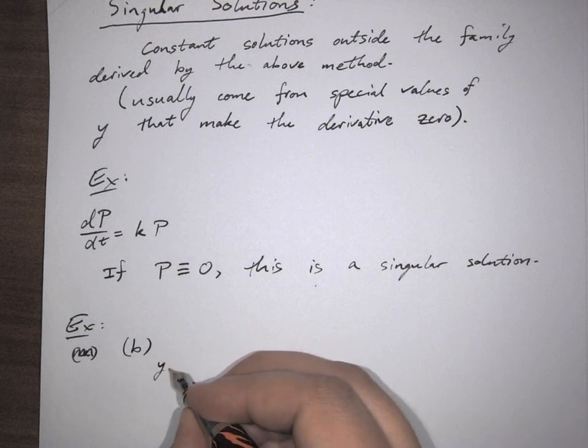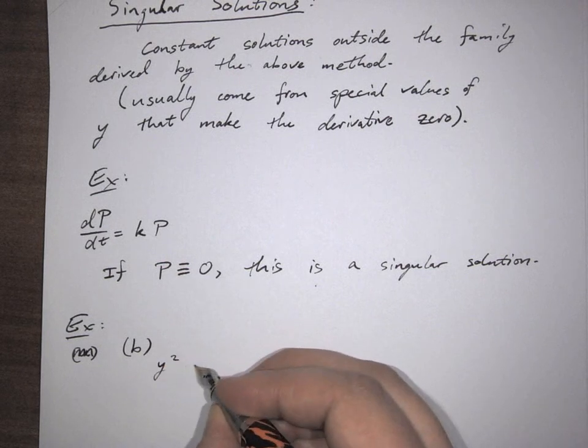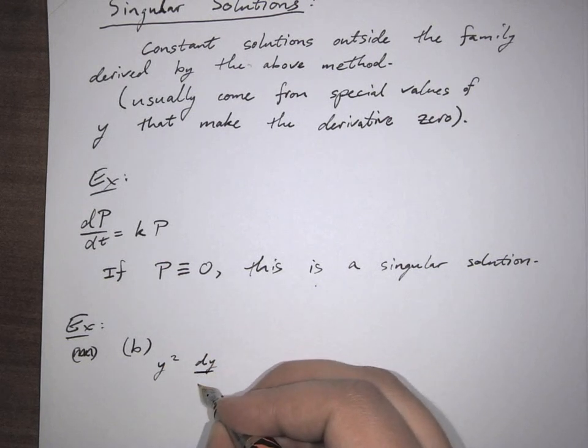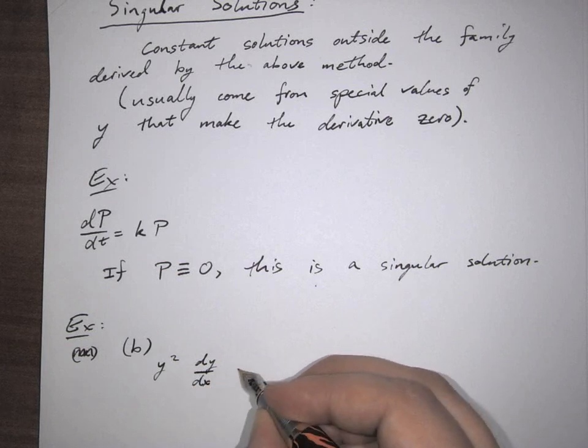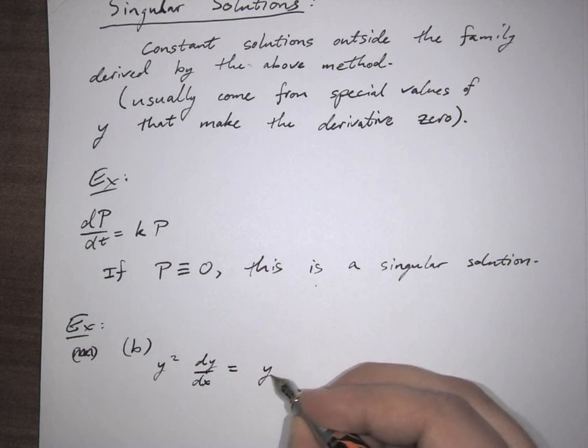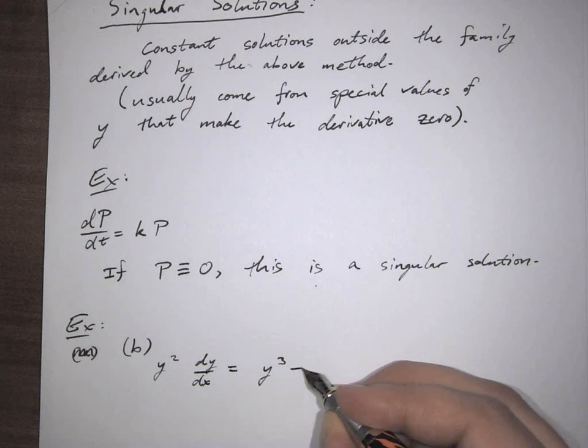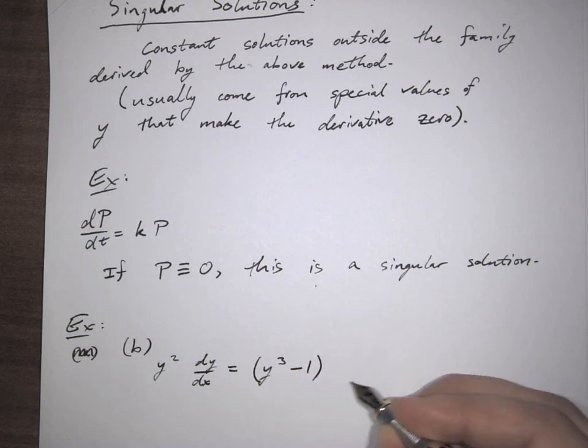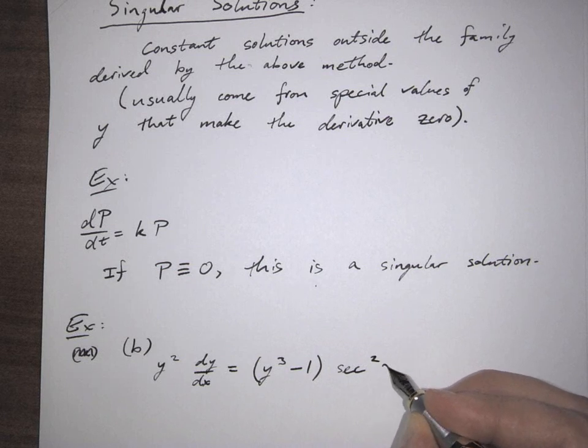So remember, the equation was y squared dy/dx is equal to y cubed minus 1 times secant squared x.